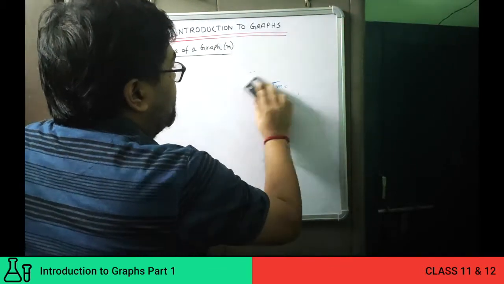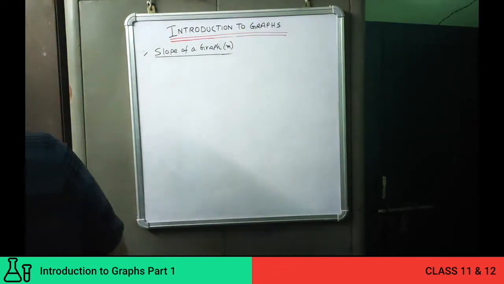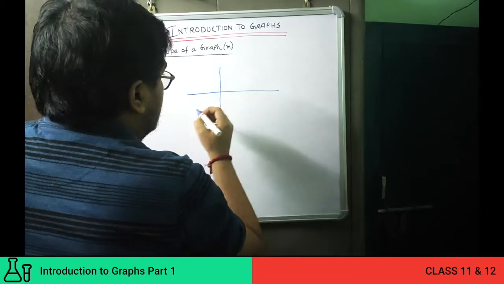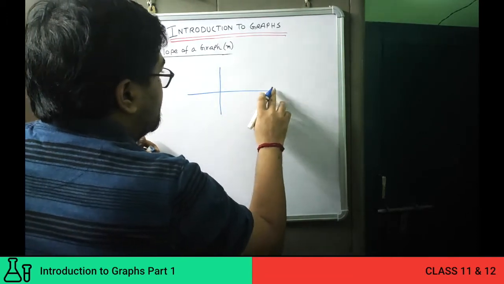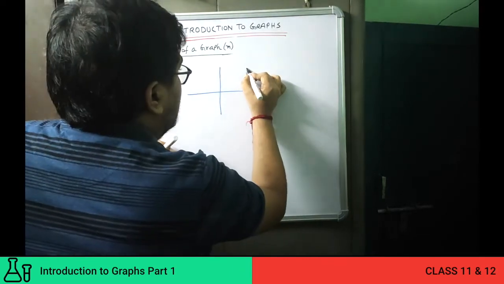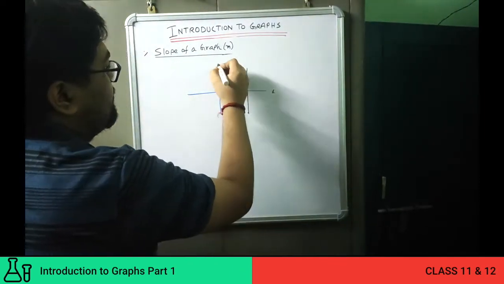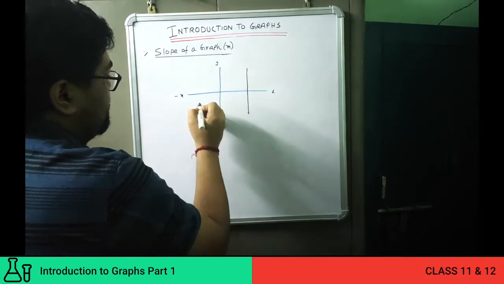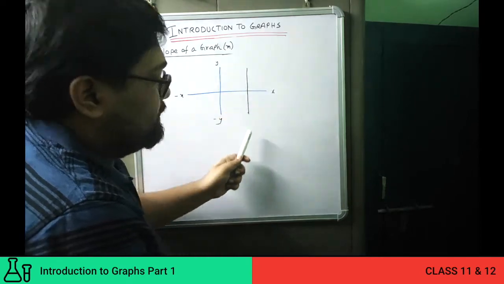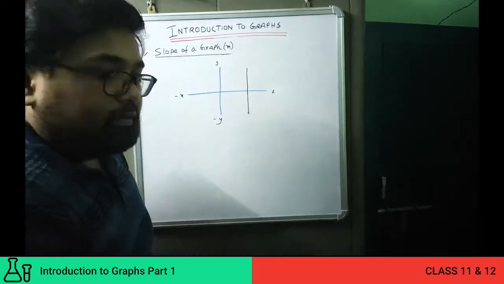You have to find out the value of slope in the same way. See, if a line passes like this, this is x-axis, this is y, this is minus x, this is minus y. If a line passes like this, you have to tell what will be the slope of this line.